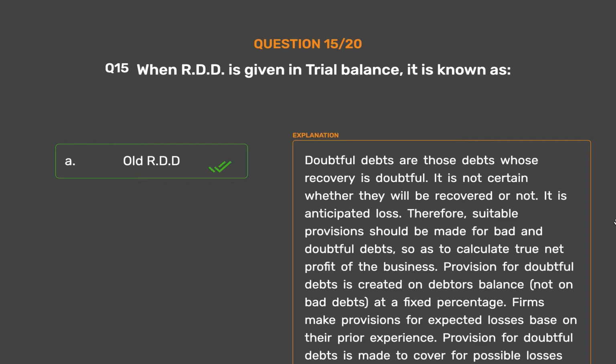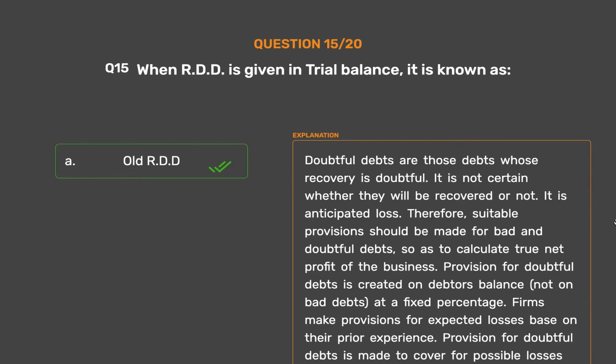Doubtful debts are those debts whose recovery is doubtful. It is not certain whether they will be recovered or not. It is an anticipated loss. Therefore, suitable provisions should be made for bad and doubtful debts, so as to calculate true net profit of the business. Provision for doubtful debts is created on debtor's balance, not on bad debts, at a fixed percentage.